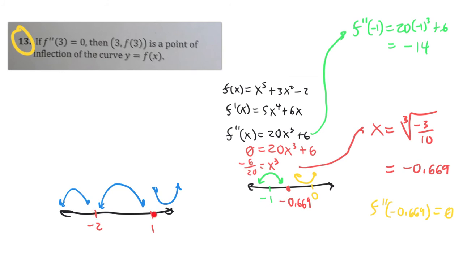These critical values were a result of setting the second derivative equal to 0 and solving for x. I got -2 that way, and I got 1 that way. So these are definitely critical values, but this one is not a point of inflection because you have a concave down and a concave down.